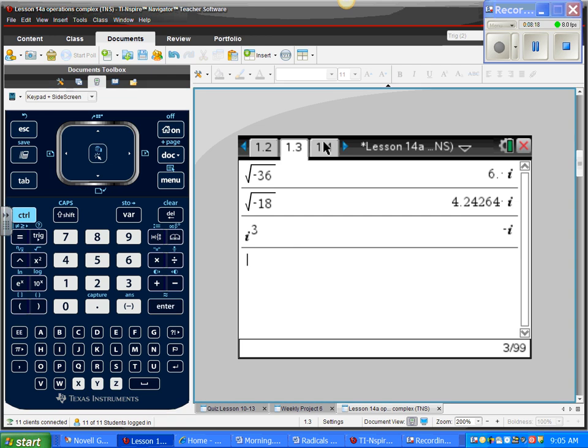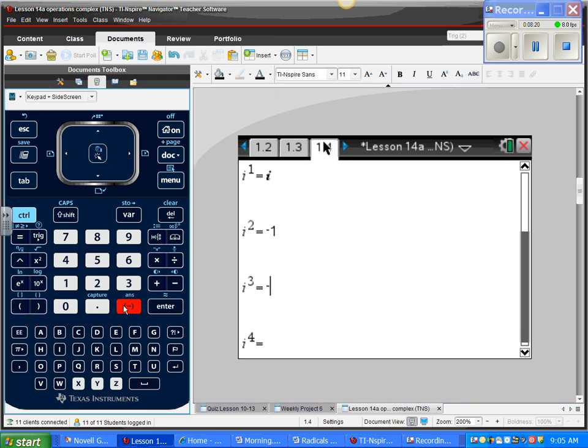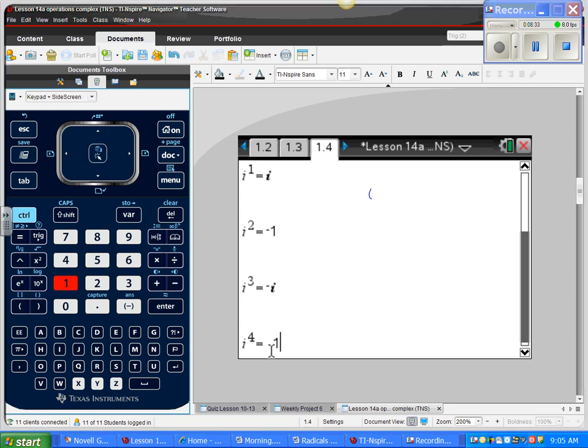Negative i. And based on my cycle here, I have i, negative 1, negative i. What do you think i to the fourth is going to be? 1. Very good. So again, these complex numbers are cyclic. So I have i, negative 1, negative i, 1.